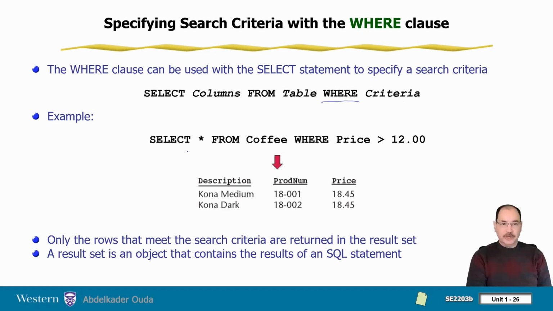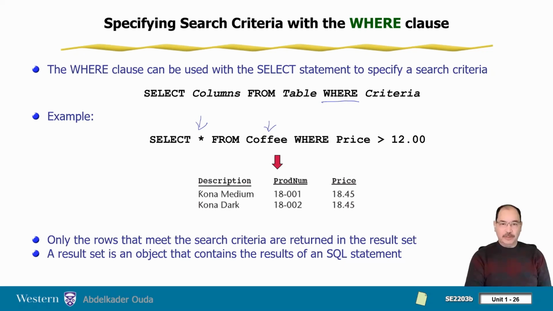So in this example here, I have select star from coffee where price greater than 12.0. This says that I need to retrieve all columns because of the star from the table named coffee where this condition is true. Give me all the rows in this table that have a price greater than 12.